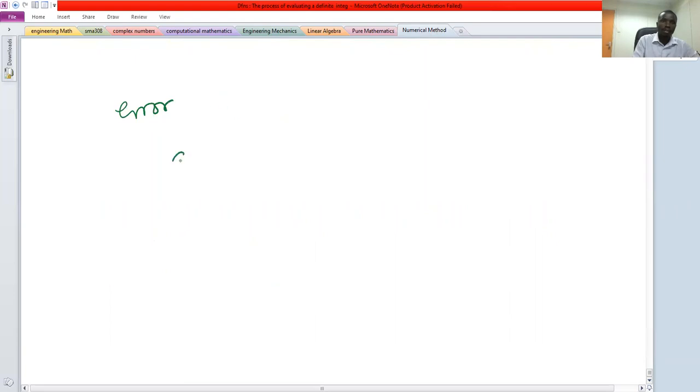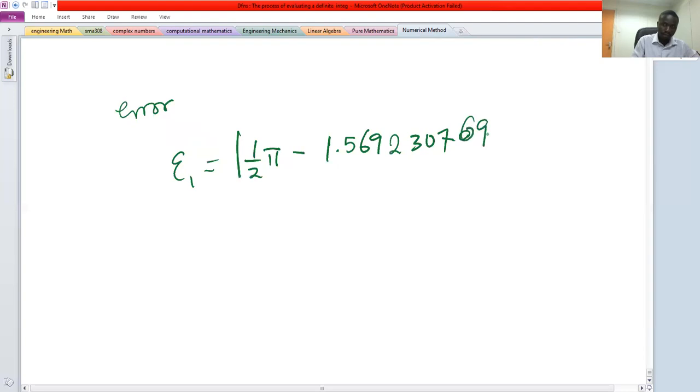The error in this calculation will be given by the exact value minus the approximate value, 1.569230769, and this will give us 1.565557564 times 10 raised to minus 3.